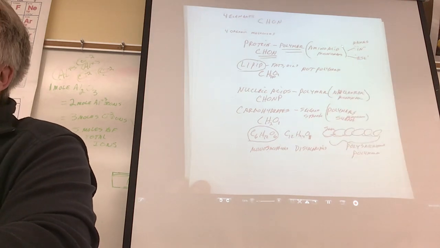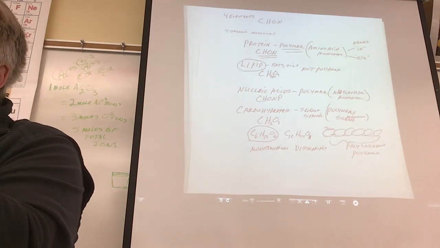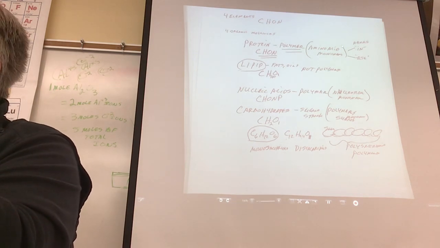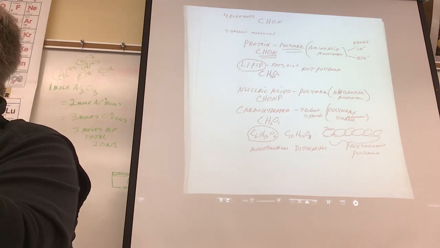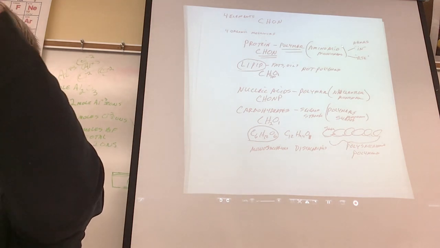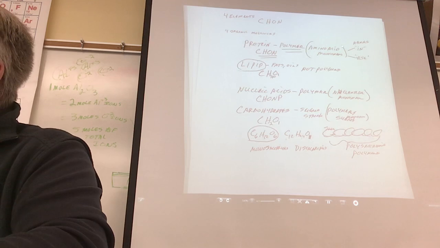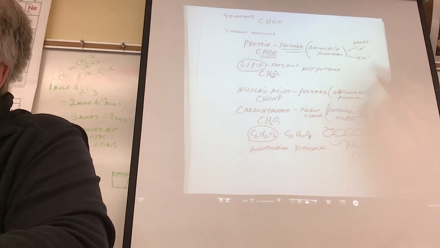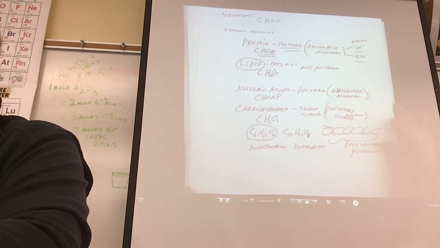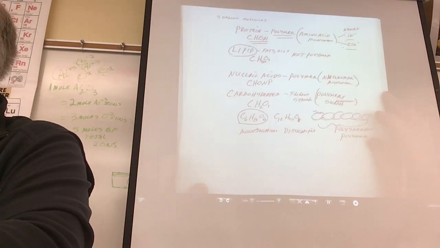Lactase might be an enzyme that knows how to break down lactose. Or you had DNA replicase or helicase. Helicase is an enzyme that can unzip the DNA helix. So enzymes end in "in" or "ase." Okay, let's jump down now to carbohydrates.